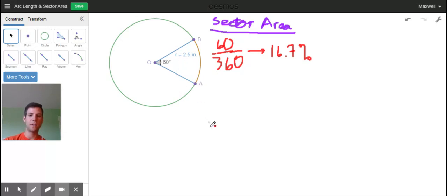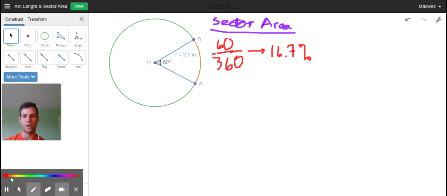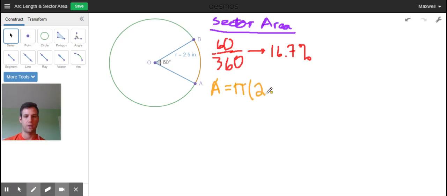So we would need to figure out what the area of the whole circle would be first. So I would have to do my area formula, which is pi r squared. So I would do pi multiplied by 2.5 squared.